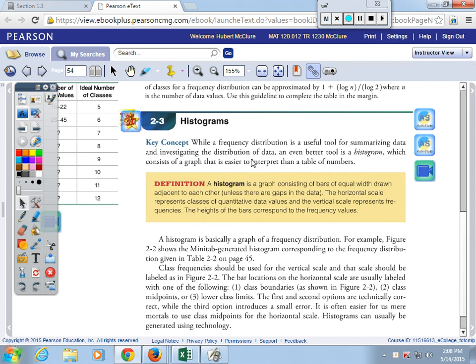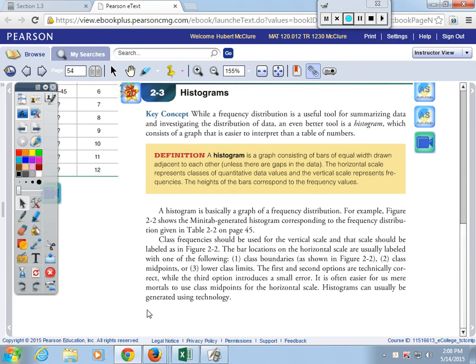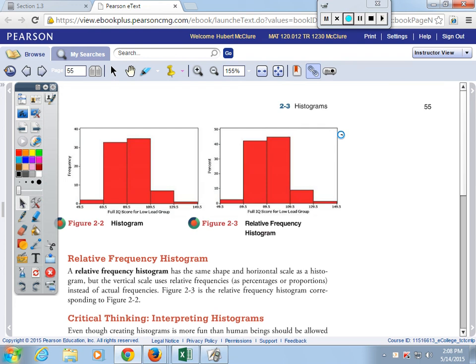Let me show you what I'm talking about. Let me go to the next. There we go. That's the histogram. In a bar chart, there'd be a space between this one and this one, between this one and this one, and between this one and this one. That's a bar chart. This is a histogram. They're actually touching.